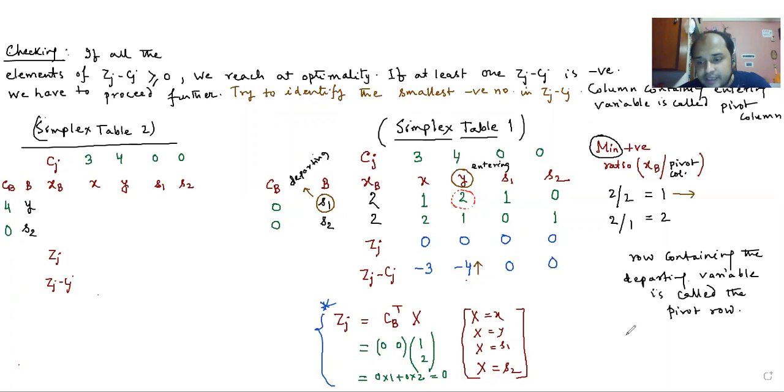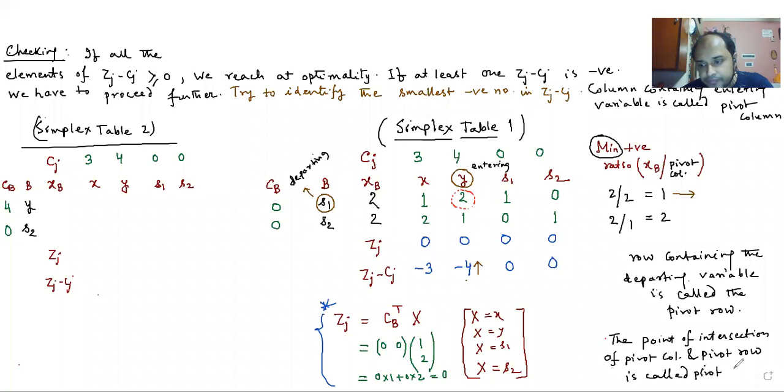And the point of intersection of pivot column and pivot row is called the pivot number. Here the pivot number is 2. In this table, the pivot number is 2.